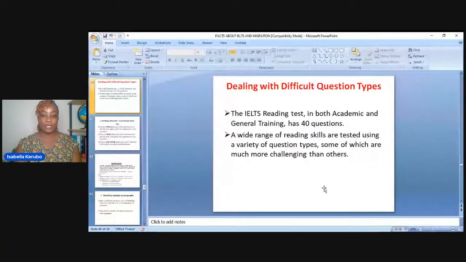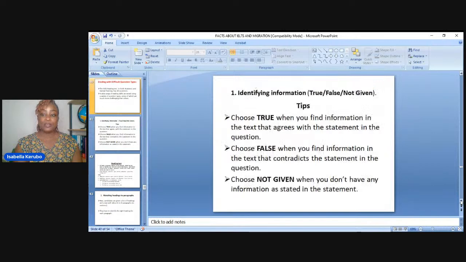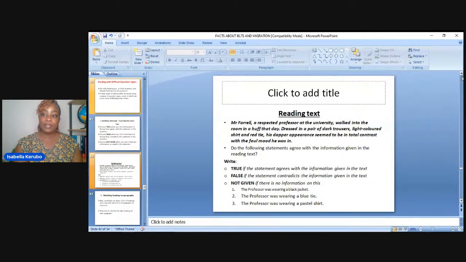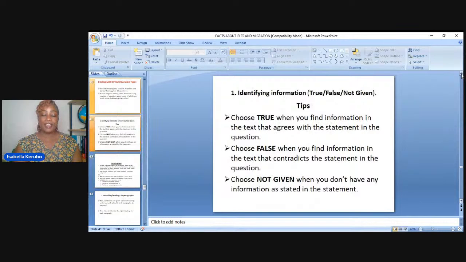So just like I've mentioned, the entire test has 40 questions and a variety are tested. Today, to start with, the first question type that is very common to the majority of test takers, which they find challenging, is the question type where you are required to identify information.